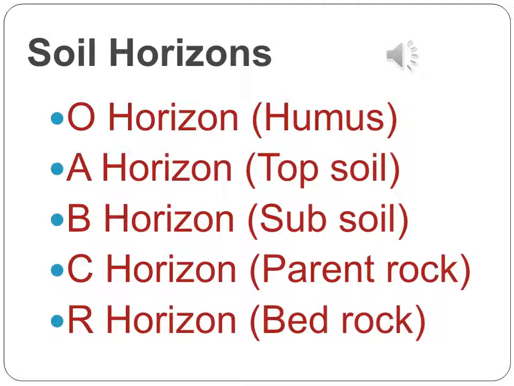It is made up of rocks and stones which are weathered from the parent material or bedrock, and at the bottom is R horizon, also known as bedrock, which is the hardest part of the soil profile, and this layer supports all the other horizons or layers of the soil.